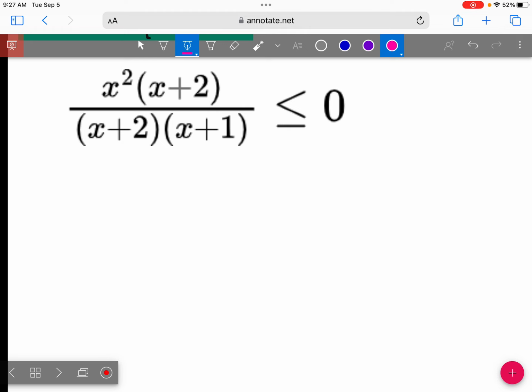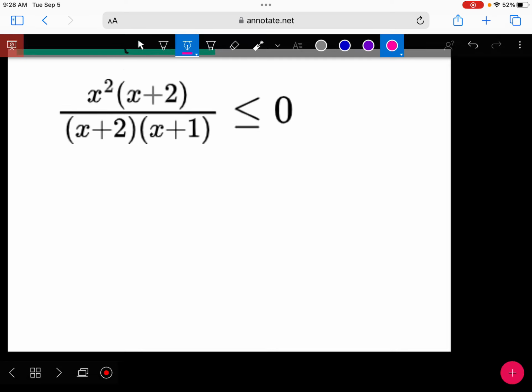This is as hard as it gets. Only thing different between this and the last thing: what can't we divide by? 0. So the zeros in the denominator can never be included. Only difference. Otherwise, approach it exactly the same way.